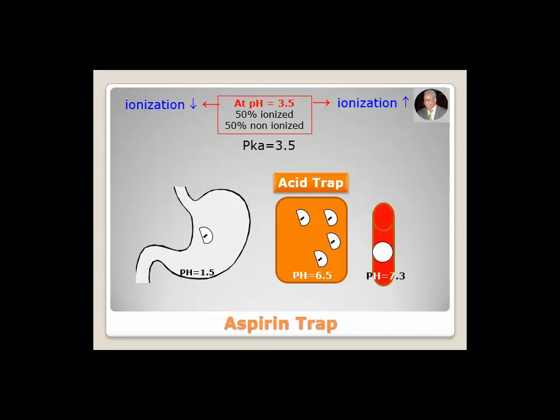The non-ionized molecules, which cross the gastric mucosa, will enter the blood, where the pH is about 7.3. Thus in the blood, the absorbed aspirin will get ionized.